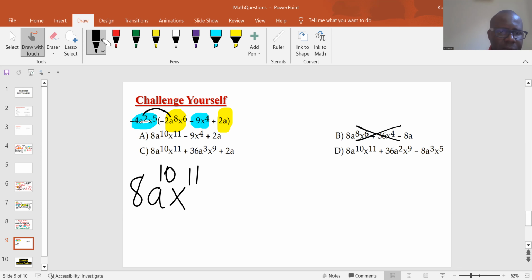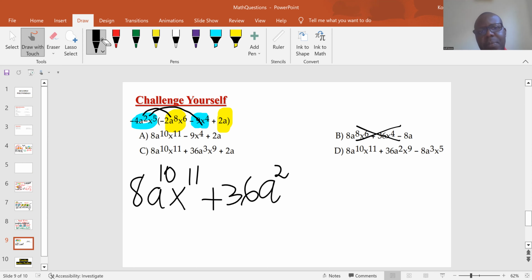We take the same negative 4 a squared x to the 5th multiplied by negative 9x to the 4th. Okay, so again, negative multiplied by negative is positive. 4 multiplied by 9, okay, we have a 36. A squared multiplied by, okay, there is no a there, so we're going to have just that a squared.